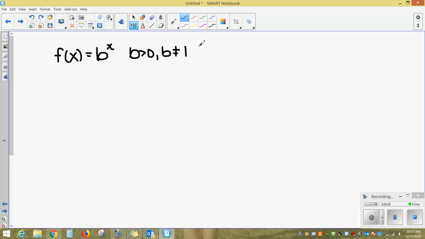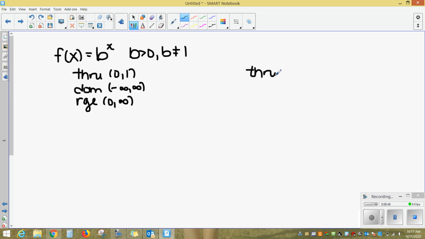We had all those properties: this goes through the point 0, 1. Its domain is all real numbers. Its range is positive numbers. And we said, oh, well, this mysterious inverse exists, and it goes through the point 1, 0.